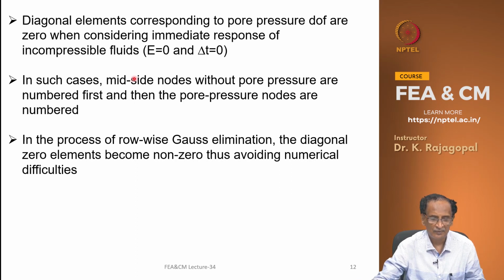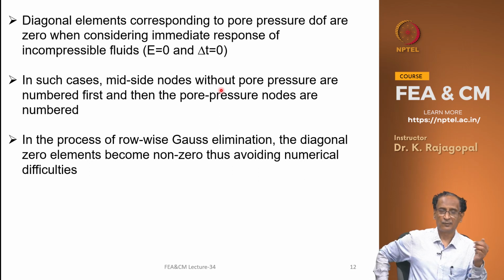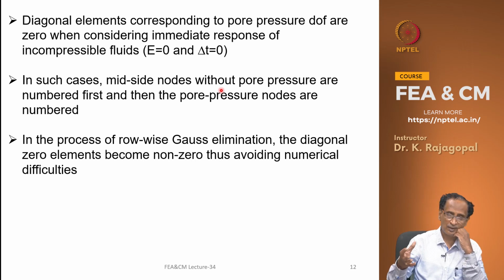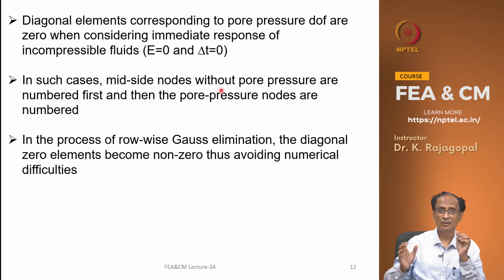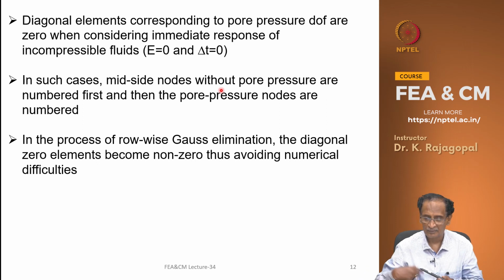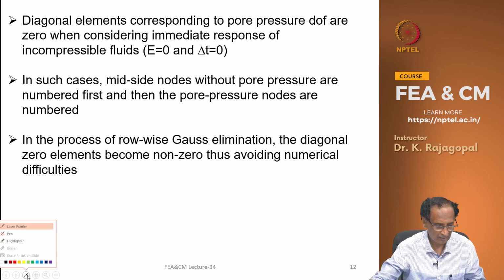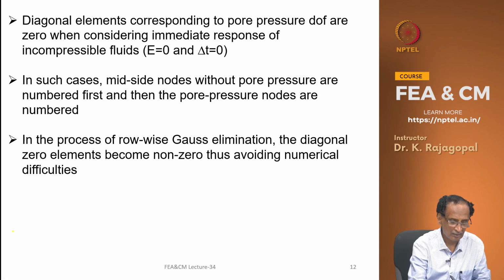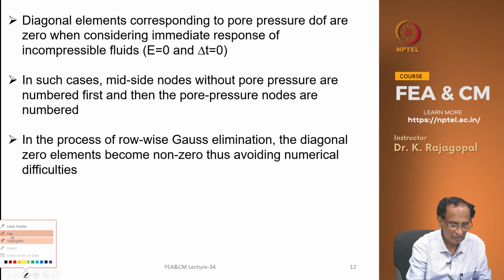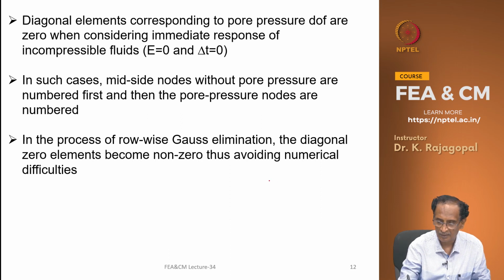What we do is we start numbering all the mid side nodes that do not have a pore pressure first. So when you number a mesh, you can arbitrarily give any node numbers like 1, 2, 3, 4, 5, 6, 7, 8, 9, 10. Let us say all the mid side nodes that do not have the pore pressures can be numbered first, and then let us say we are doing a one dimensional consolidation analysis.